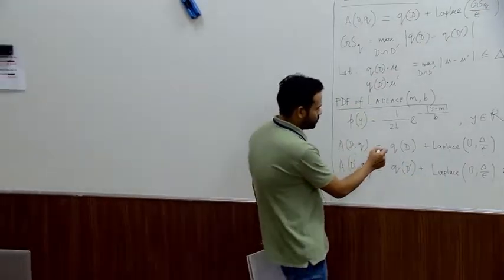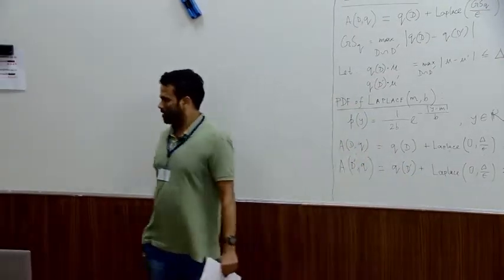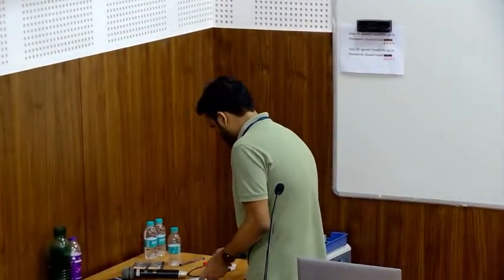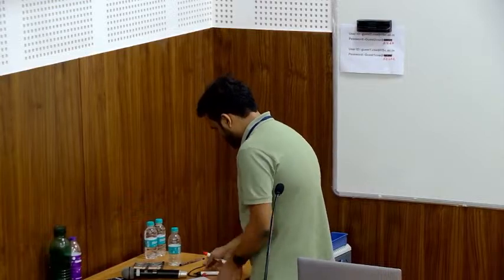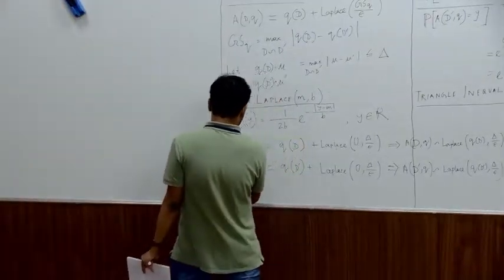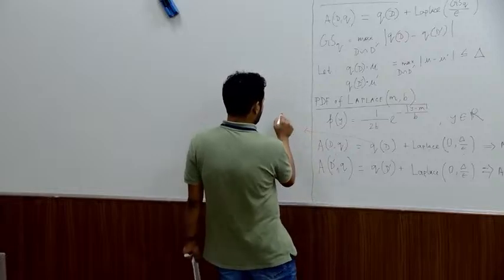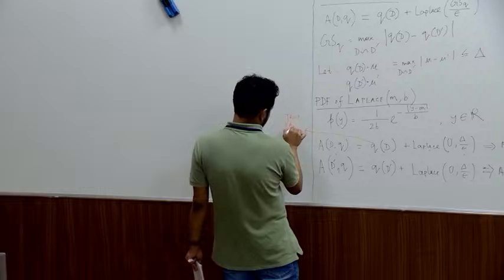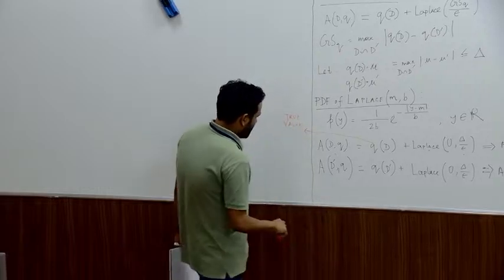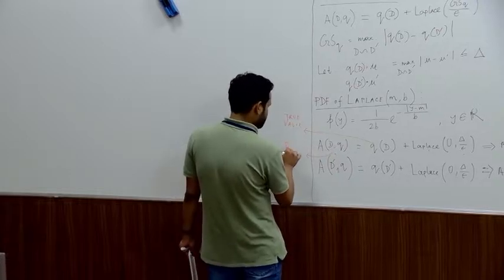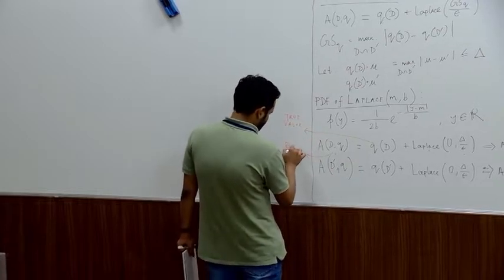So this is the true value of the query. And ADQ is the reported value, which is obviously noisy.